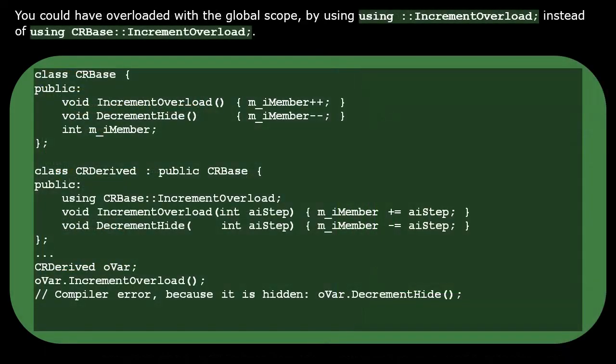You also could have overloaded with the global scope by not writing anything before the double colon symbols.